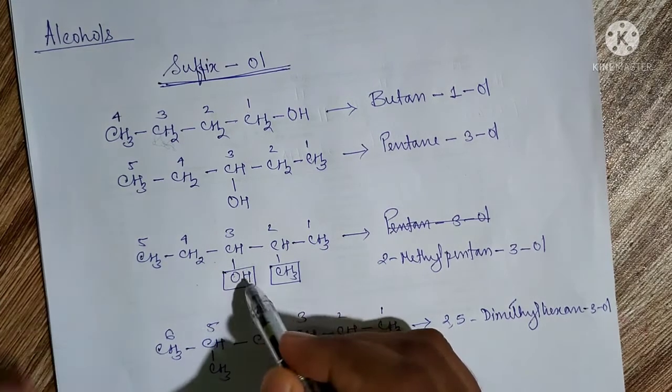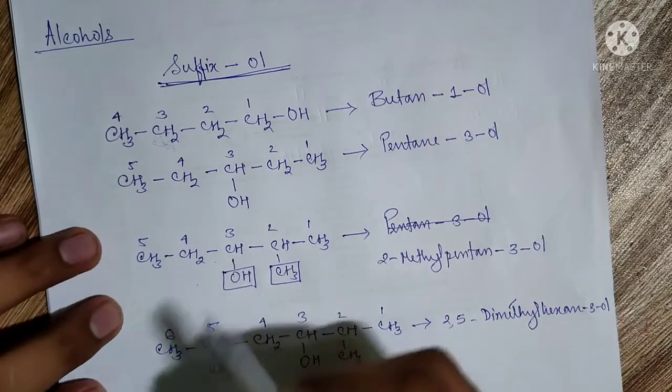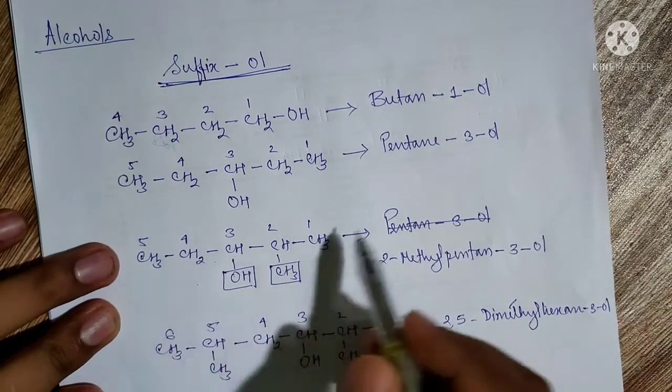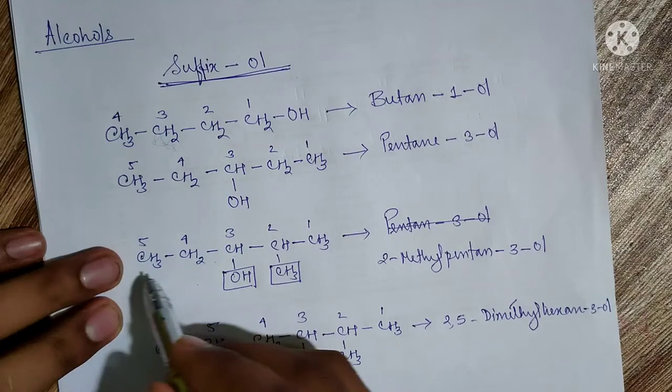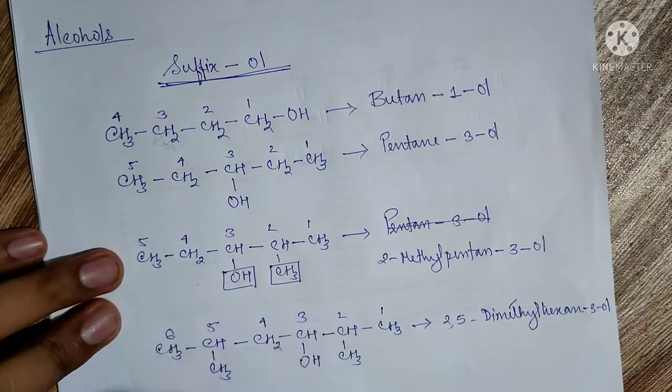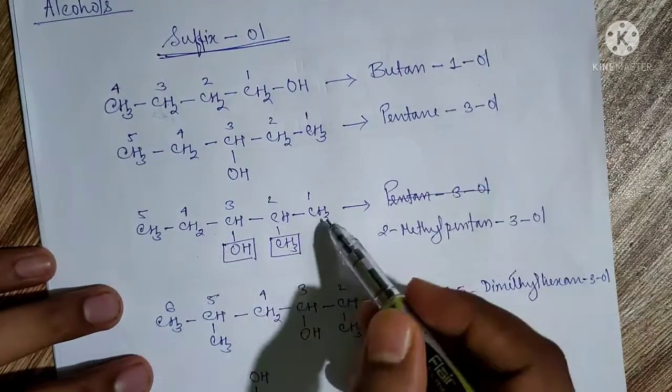In this case, the functional group is present in such a way that you can count from any side, and it will get third position. If you count from this side, it will get third position. If you count from this side, then also it will get third position. In such cases, we will count from the right hand side only.